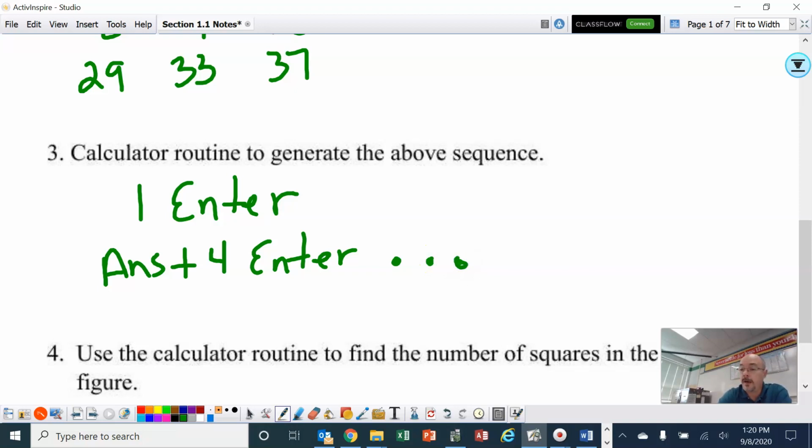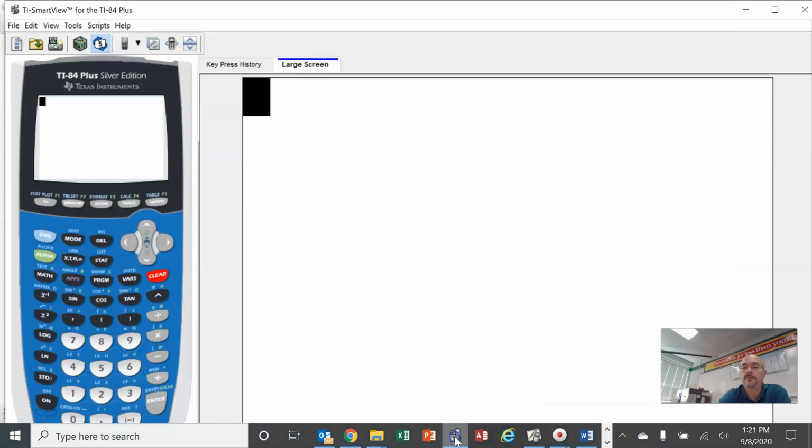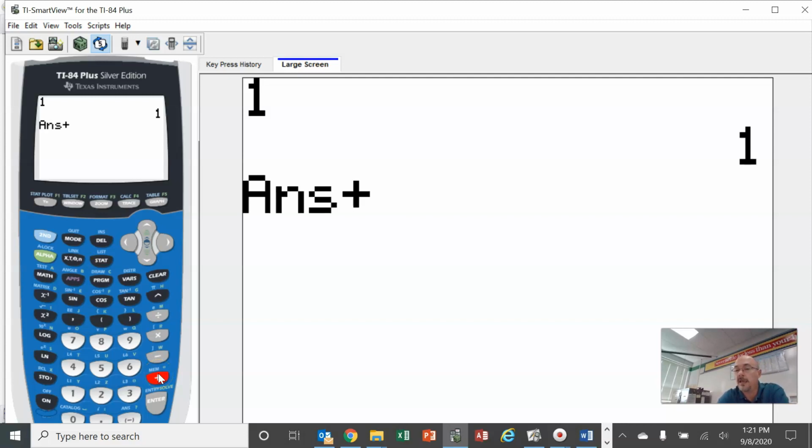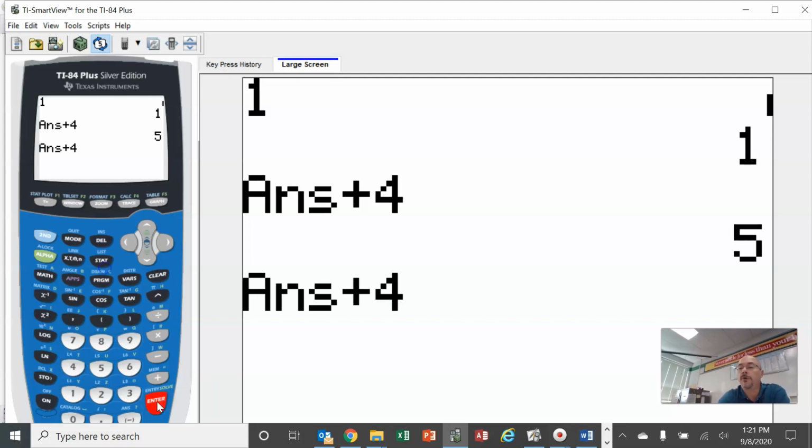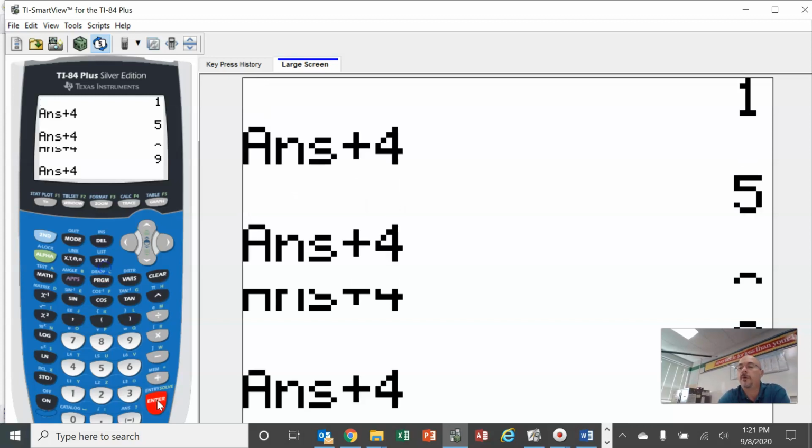All right, are you ready? Okay, so watch me do it and then you try it. Here we go, calculator. So I'm going to hit 1, enter. I'm going to hit the plus sign, there it is, ANS. And then the pattern we figured out is 4. All right, so the second number in the pattern, the third, the fourth.